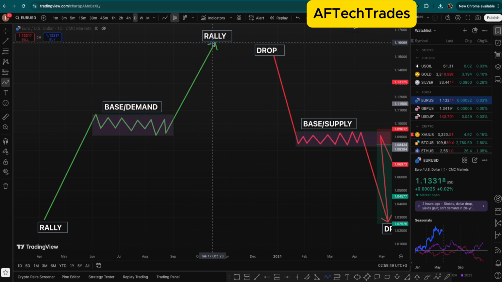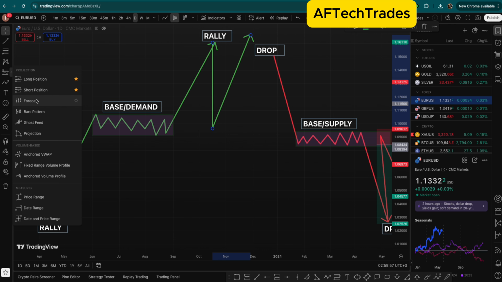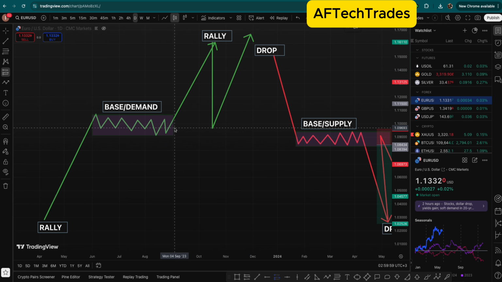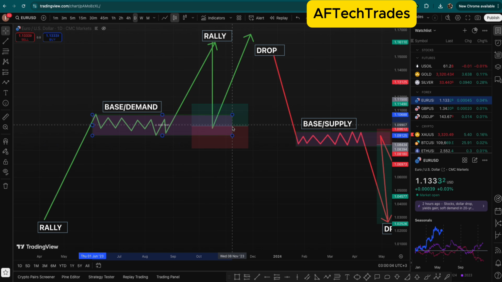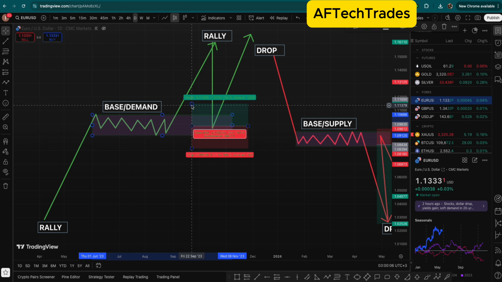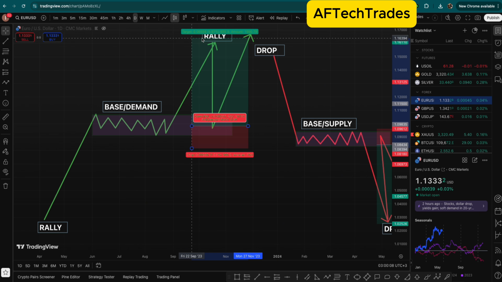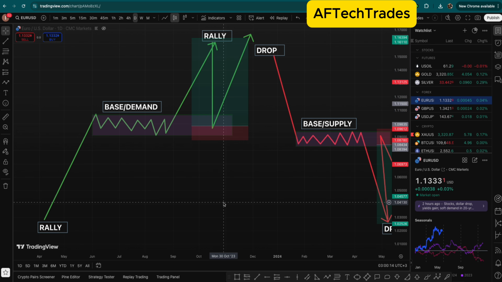They're expecting the market to come, tap into this demand zone before it continues going up. They set their limit order around the zone and the targets where the market has reacted previously, the most recent. You see? So this is how it looks like.